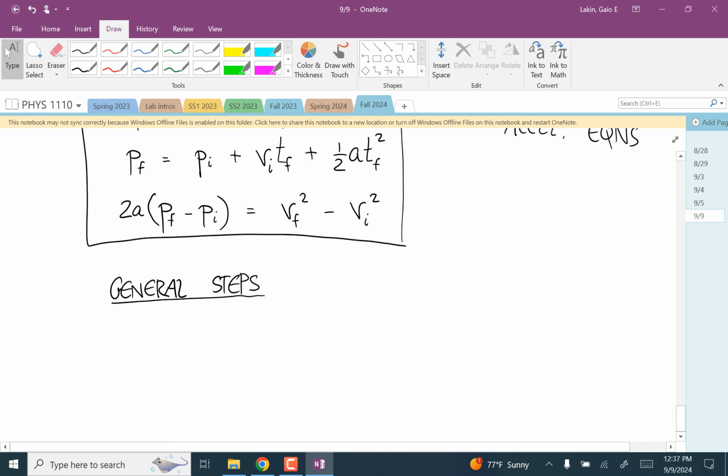Okay, so the first step for using these equations is, in the real world, choose a position equals 0 location.